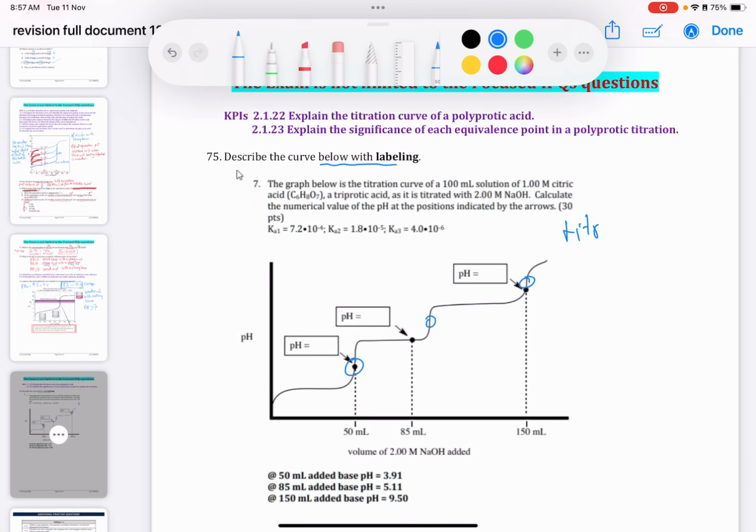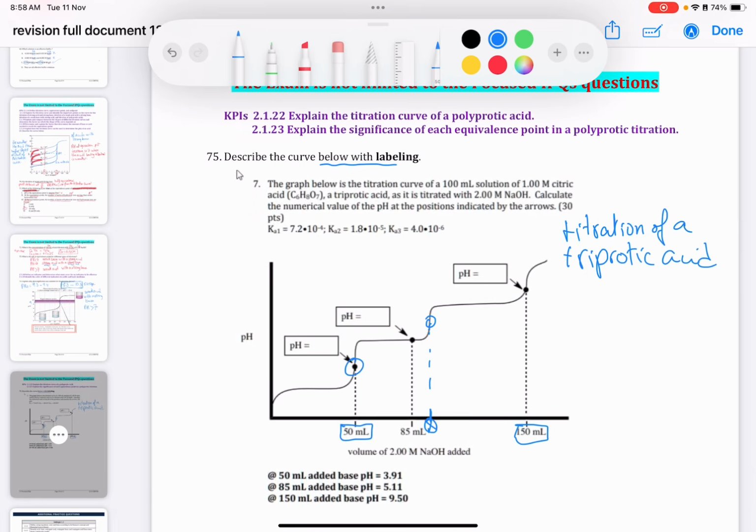This is the titration of a triprotic acid, and by triprotic acid, it means that I have 3 equivalence points. So the volume at the first equivalence point is 50. The volume at the second equivalence point is this value over here. And the volume of the third equivalence point is this one.